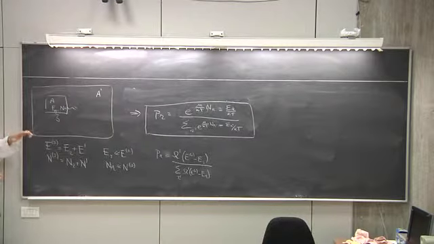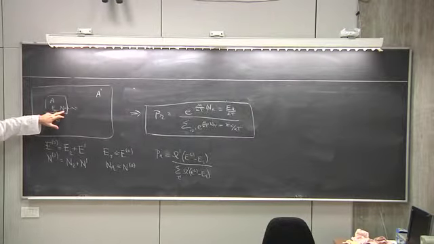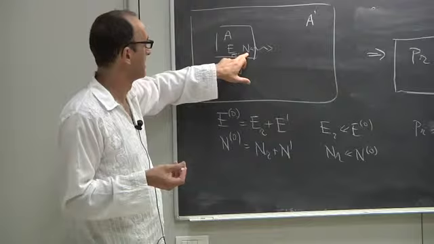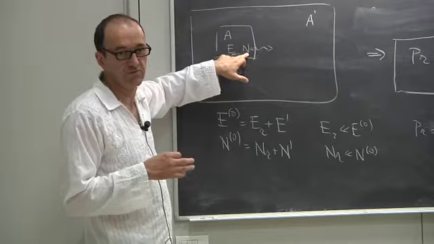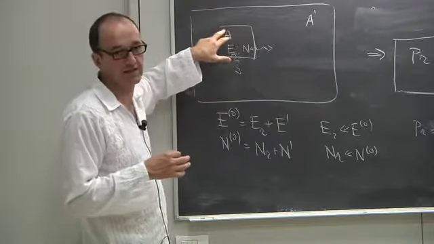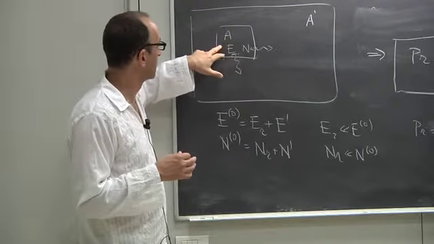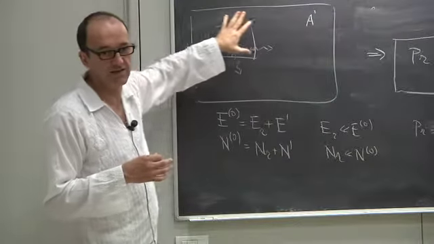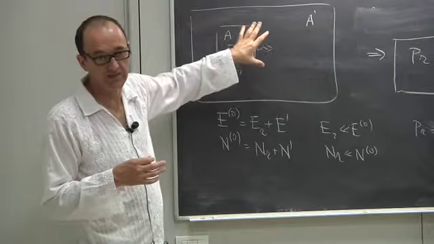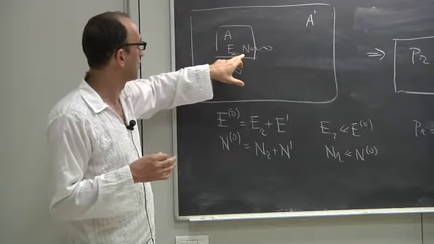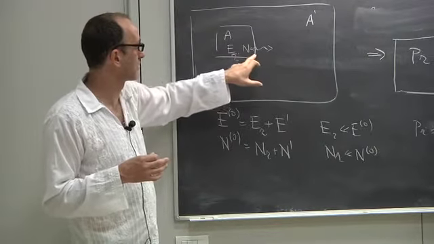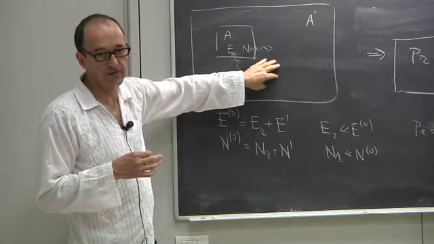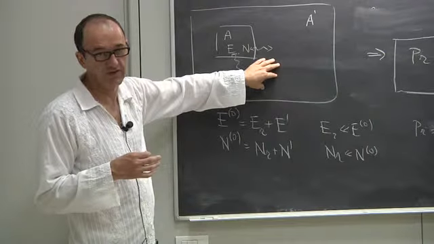But of course, you imagine this. If you look at a system where the number of particles is very, very small, or there is no particle inside here, then this would correspond to a very unlikely state of the whole system, and in particular a very unlikely state of the heat reservoir.